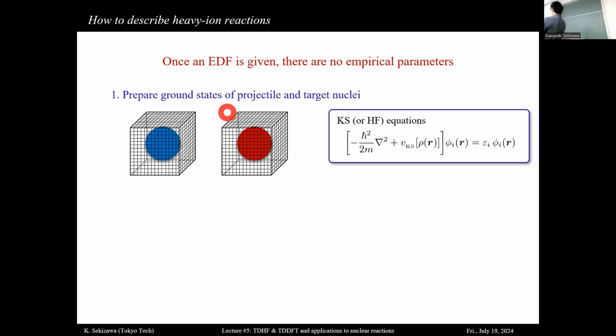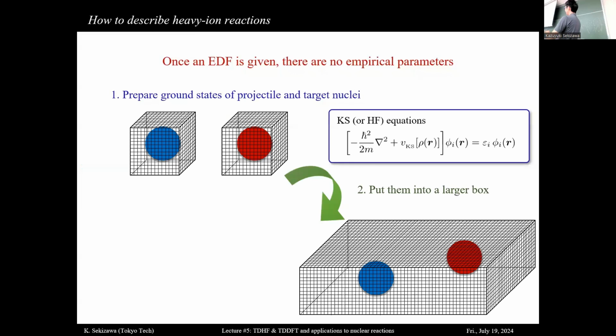As a first step, we prepare the ground state wave function by solving the Kohn-Sham equation or Hartree-Fock equation with the effective interaction, for the two nuclei, projectile and target. We solve it in real space. We discretize the three-dimensional Cartesian coordinates into uniform grids, and we solve this Kohn-Sham equation.